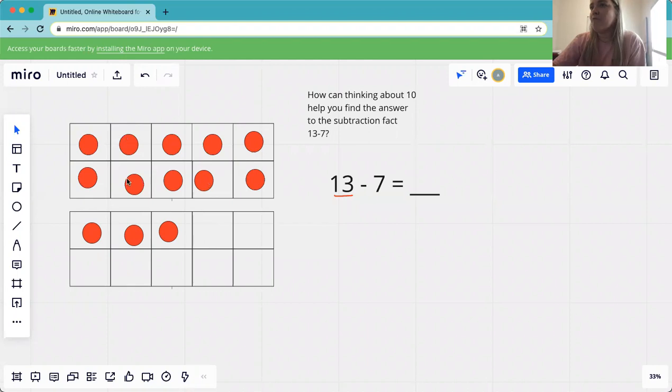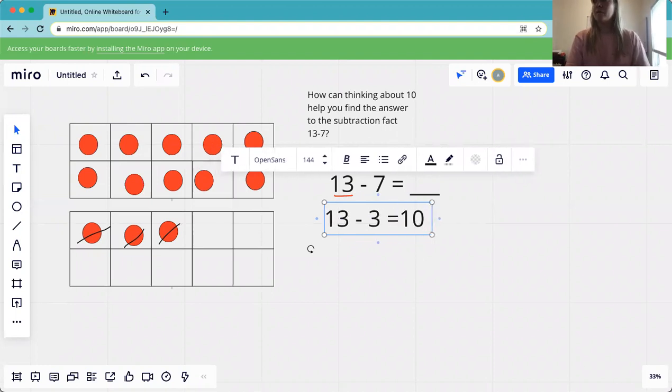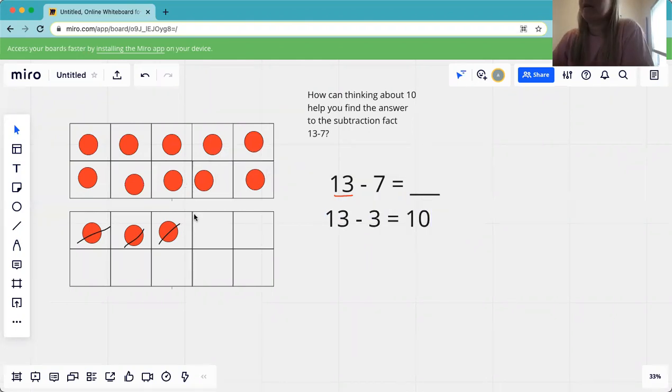I know I have my 10 up here, so I need to get rid of these 3. So I'm going to cross out 3 of my counters. 1, 2, 3. So I got rid of 3 from my 13. There's 13 minus 3 equals my 10.